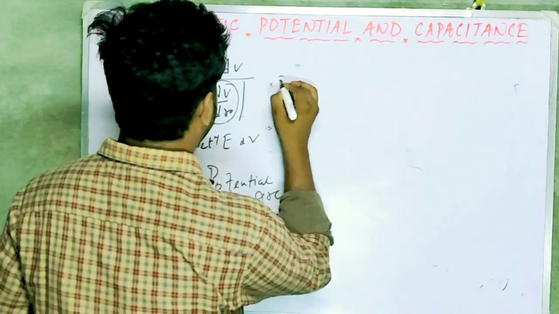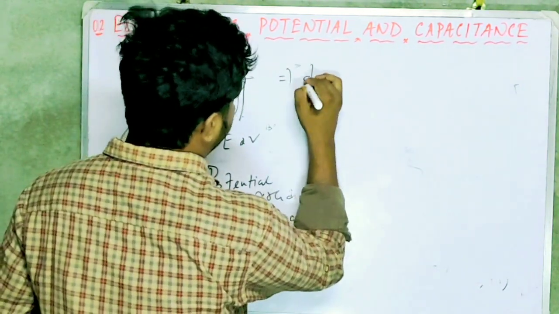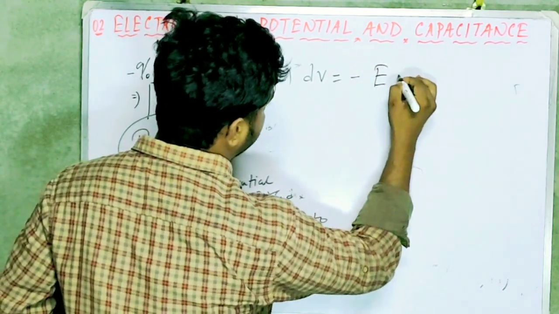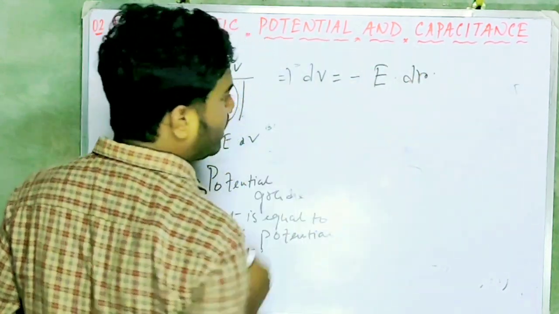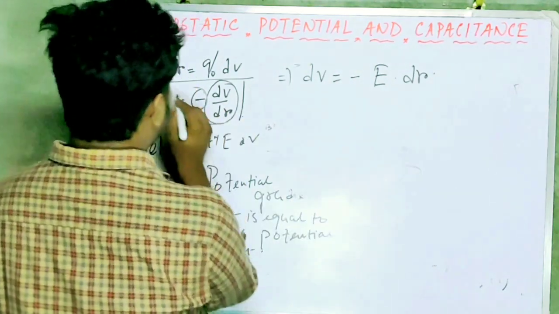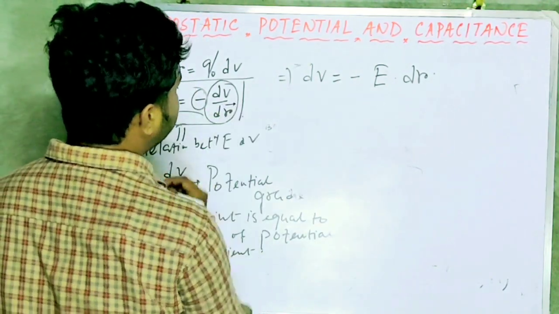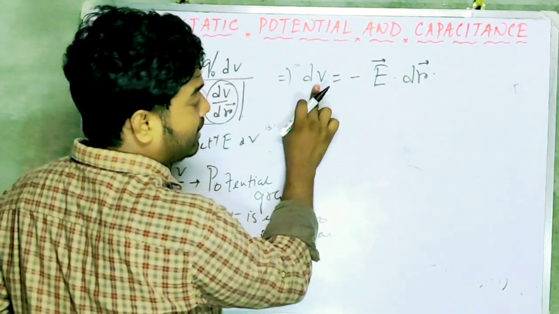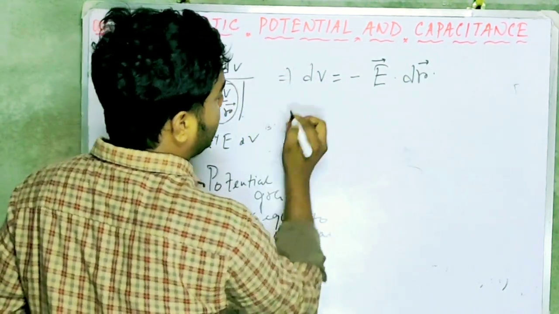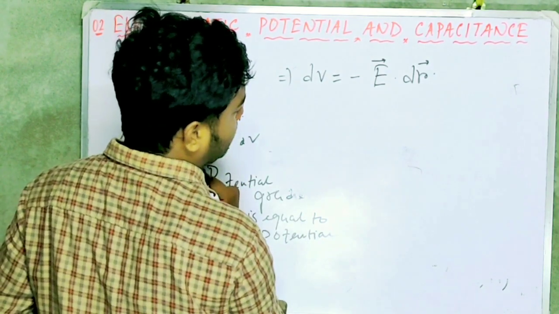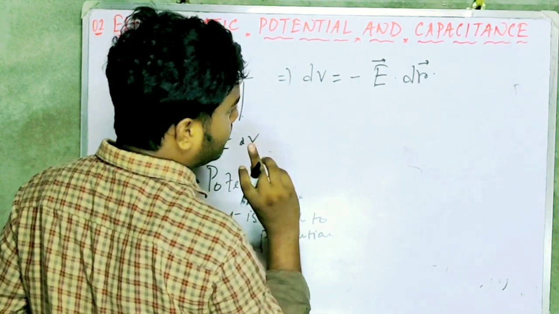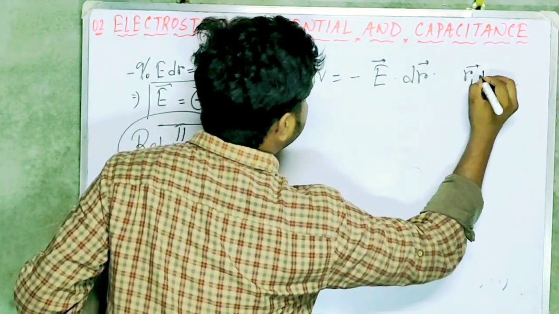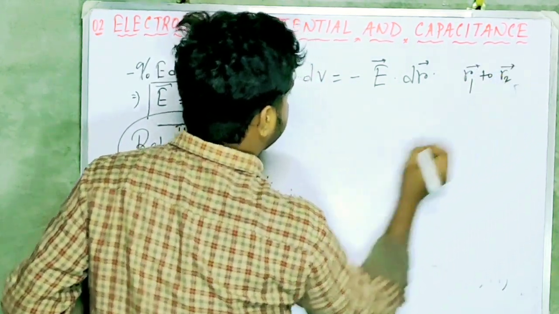Now, from here, dV is equal to minus E dr. E is a vector, so write it in vector form. E is a vector and dr is also a vector, but dV is a scalar quantity, not a vector quantity. Now taking integration between two positions, suppose R1 to R2.